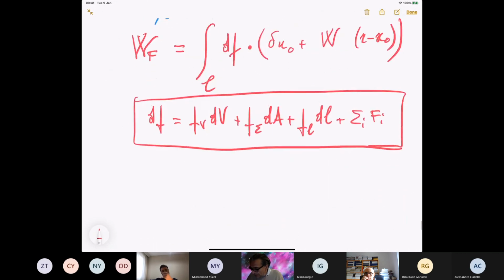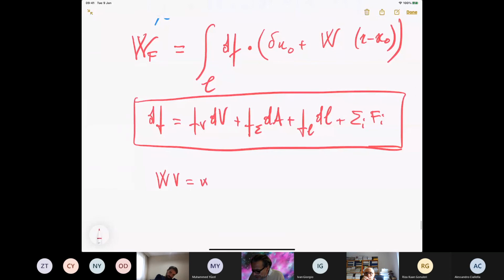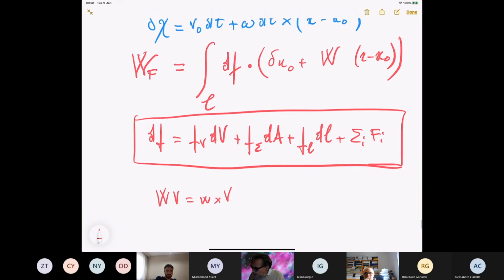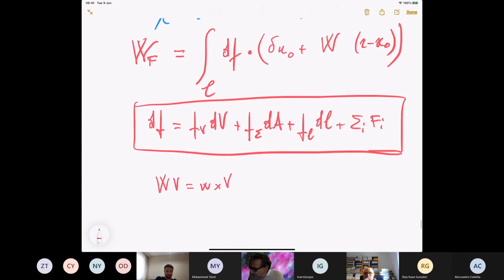Okay? You remember, W of a vector is equal to the vector W vector V. Try to go to the first lectures where we have done this at the beginning. Okay?